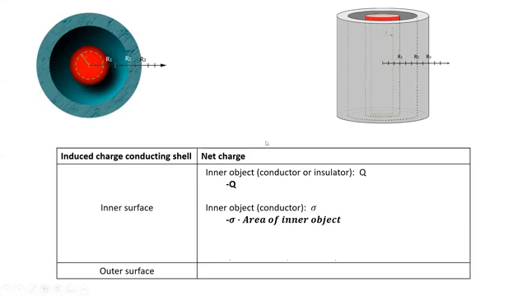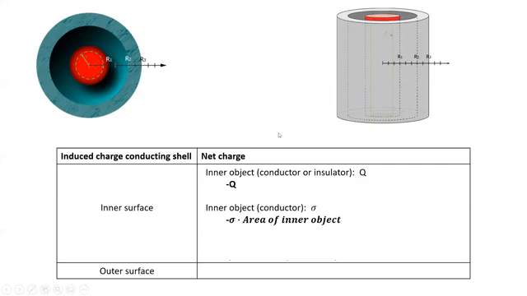If you want to know the total charge on that inner conductor, you would take sigma multiplied by the area of that cylinder, which would be 2 pi r times the length, or the sphere, which would be 4 pi r squared. Therefore, the inner surface would have the opposite polarity, so negative sigma times the area of the inner object.